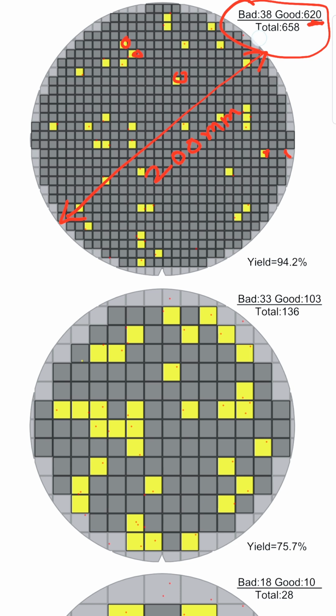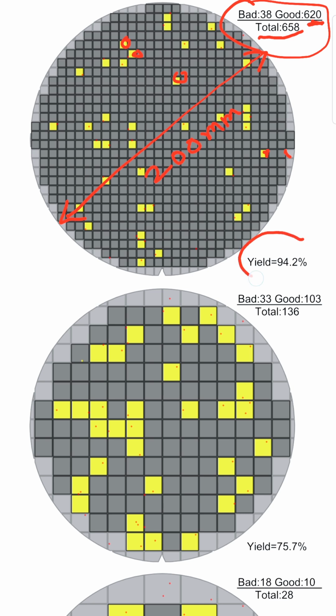The total number of chips available in this complete IC wafer is 658. So out of 658, you have 38 bad silicon dies and good silicon dies are 620.